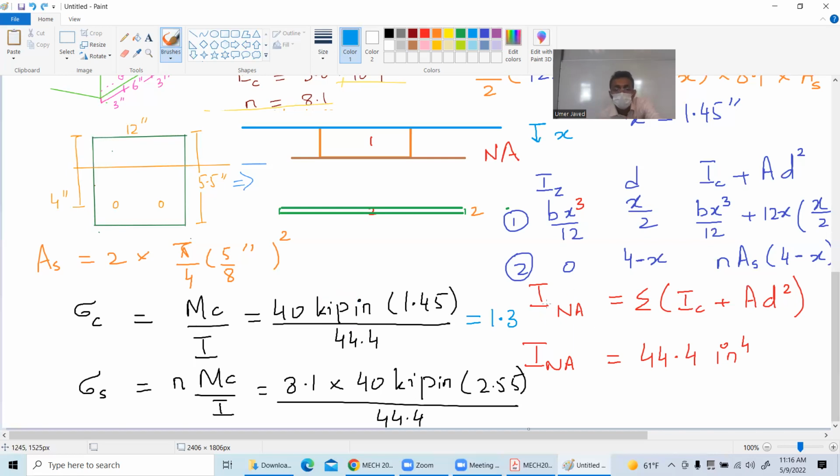Okay, so it will be kilopound per square inch. And what about this fellow? 18.6. You are giving me the answer in kilo, so it will be kilopound per square inch, because stress has the unit of force over area.